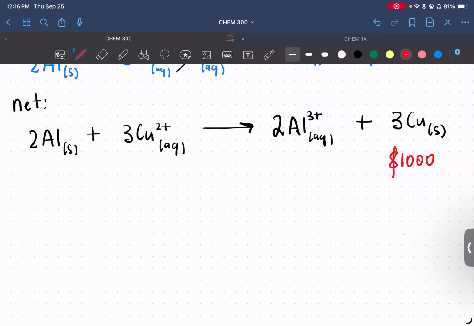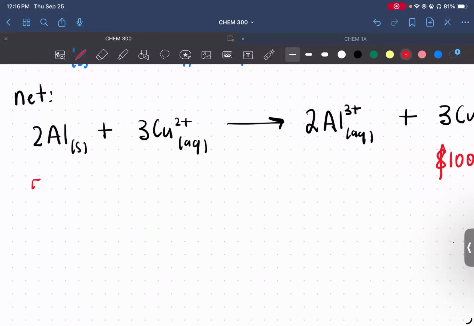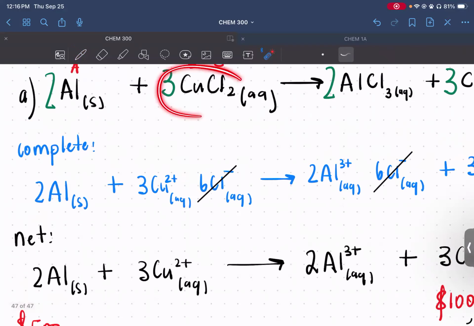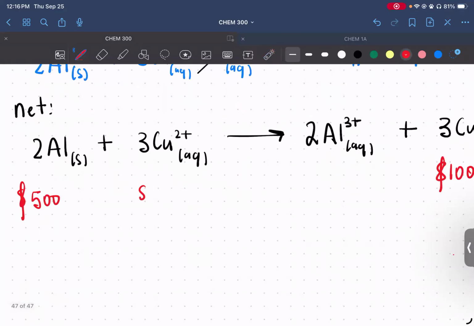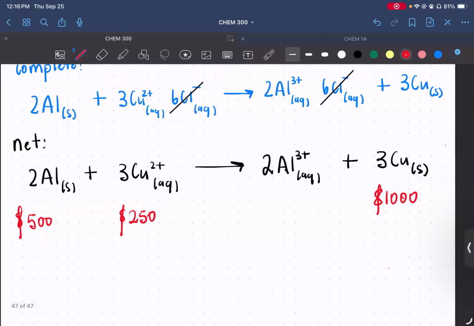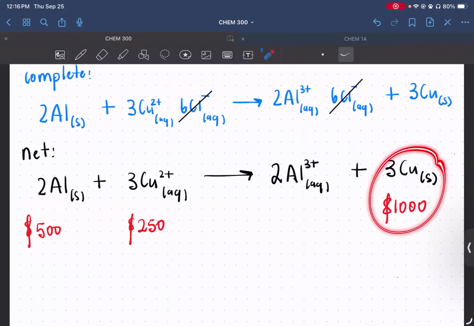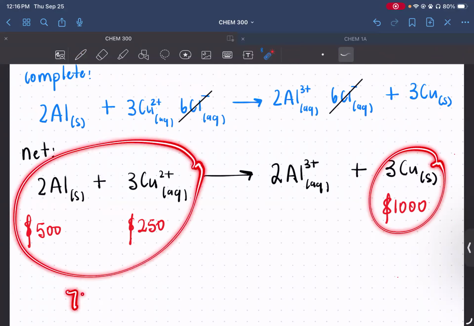However, what if a chemist realized, hey, aluminum costs $500 and copper in this form, the copper chloride, costs $250. You see, what this tells us is instead of buying $1,000 worth of copper, we can buy $750 of these reactants and make copper solid, saving us $250.